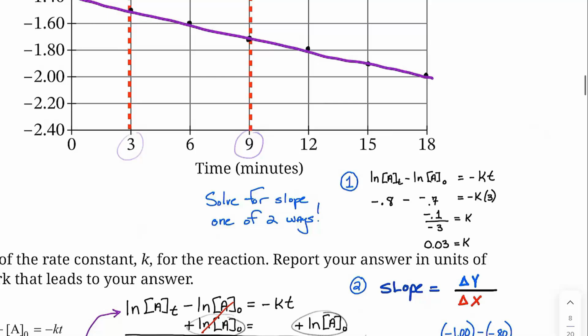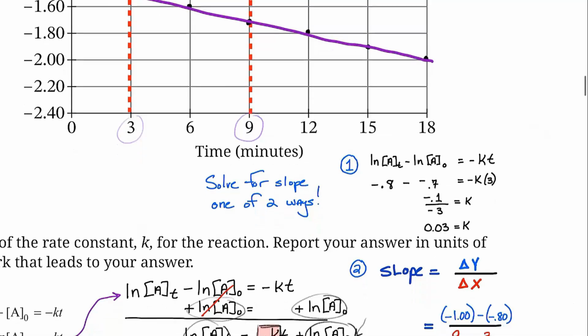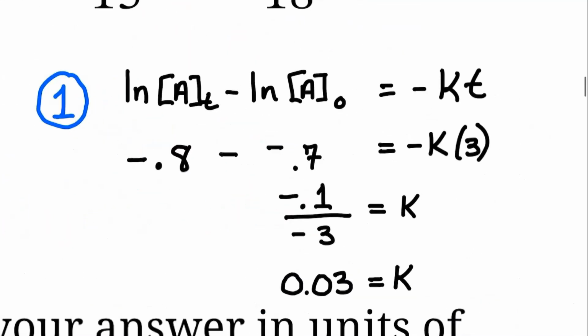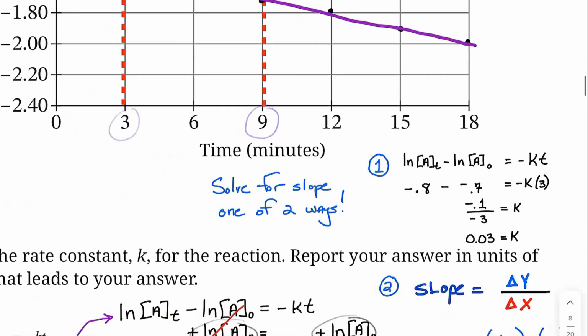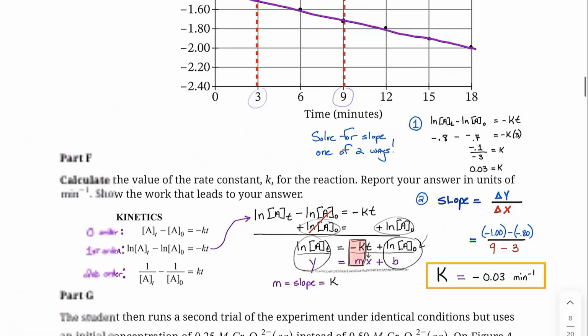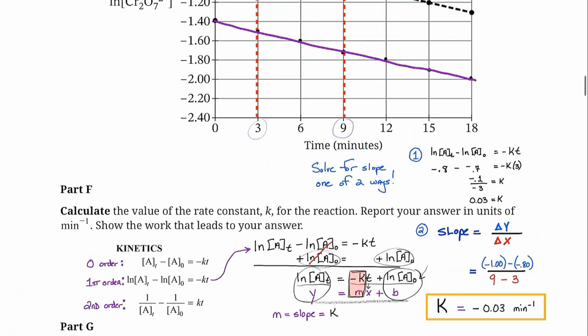When you do that and solve for it, you can see that we get the same answer, 0.03. And of course, make sure you put the correct units that they asked for. So that's all that question was. Again, you had to identify that this was the integrated rate law equations being used, and this was first order, and using the first order equation, in my opinion, either way works just fine. I love when questions have multiple ways to solve an answer.